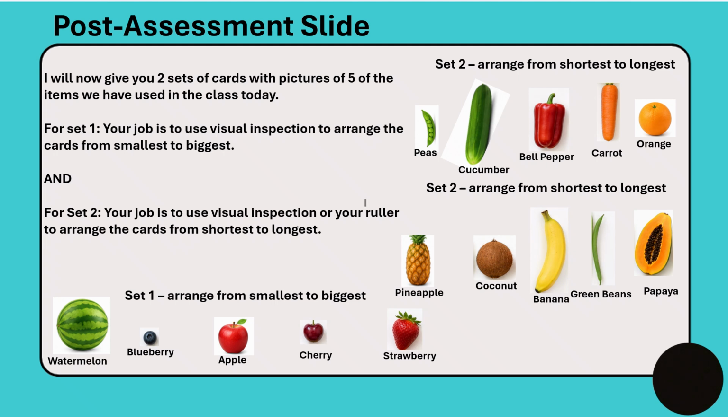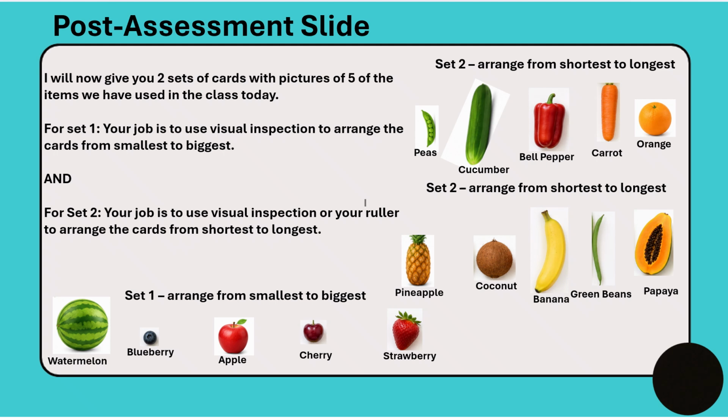On this slide, the main challenge activities have two different levels to help all learners. I will hand out bags with 2 sets of pre-cut food cards to each table. Set 1 asks students to use just their eyes to sort cards from smallest to biggest, like going from a tiny blueberry to a big watermelon.